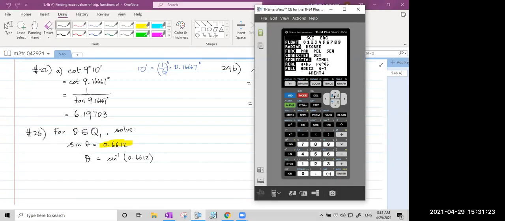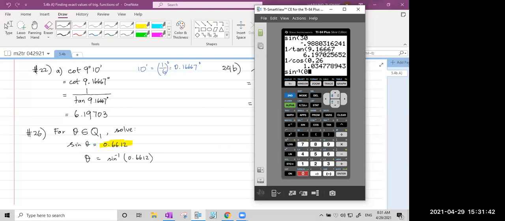Make sure they want us to write it to the nearest angle, so my mode has to be in degree. You see, I go back and forth, degree, radian, degree, radian here. Because they want degrees right now, let's do that. Sine inverse is the second option of that sine key.